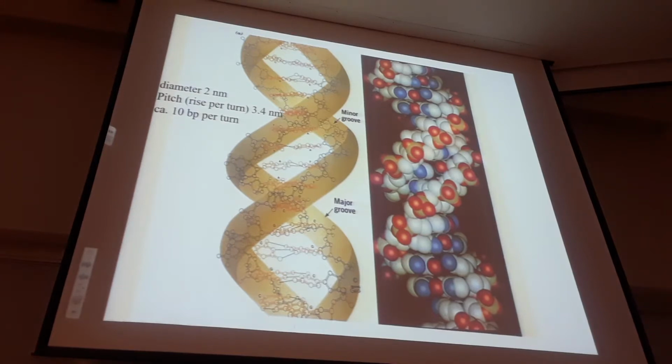In this case, if we look at B-DNA, and you were very tiny and you would step up individual nitrogenous bases that you could use as steps, like in a staircase, you would need to go up about 10 bases or base pairs, if we look at pairs of bases, and you would have advanced 3.4 nanometers. Okay. In structural biology, you will see not only nanometers as a unit, but also angstroms.